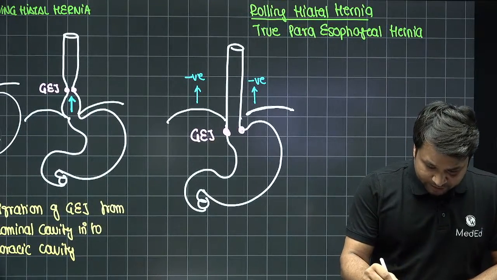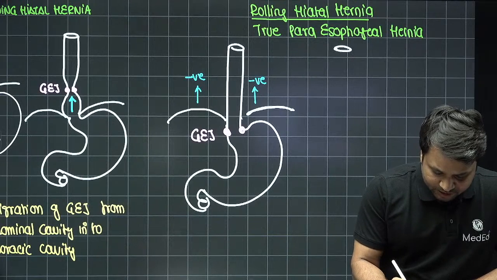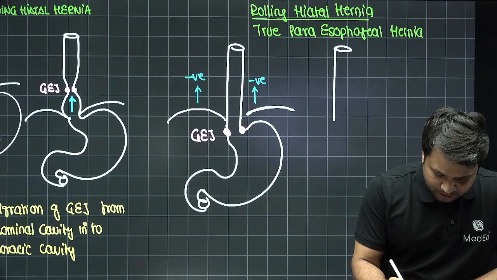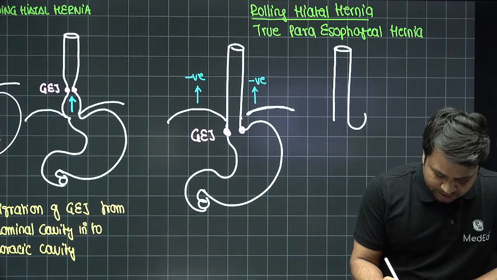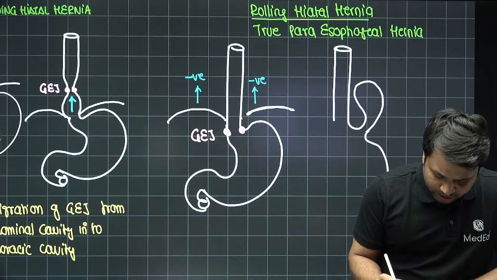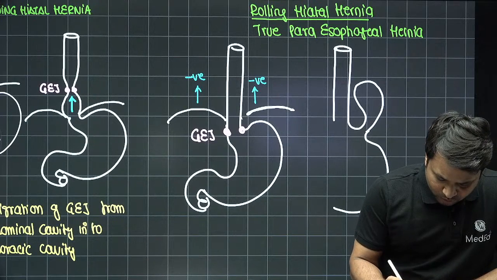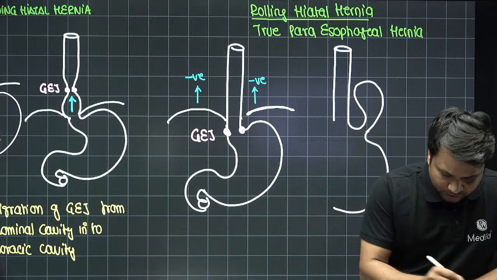Now if the stomach is pulled into the intrathoracic space, you will notice that if this is the esophagus, from this opening the fundus of the stomach is going to go into the intrathoracic space.